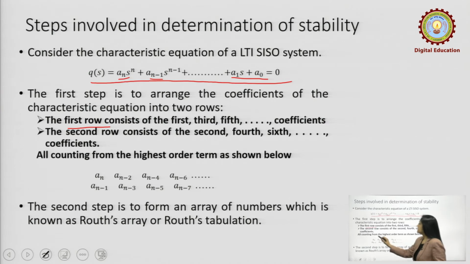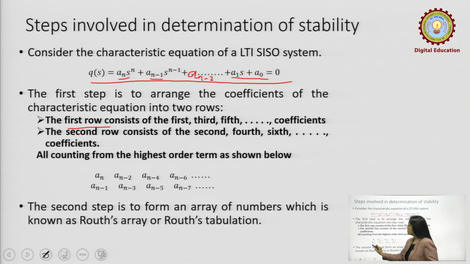Now, let us say that it is a n. So, a n is in the first row, whereas the term a n minus 2 will be the second term, a n minus 4 will be the third, and so on.